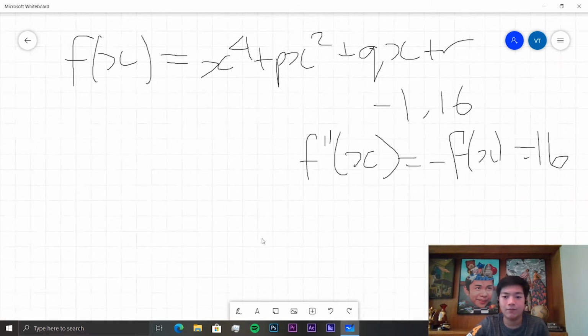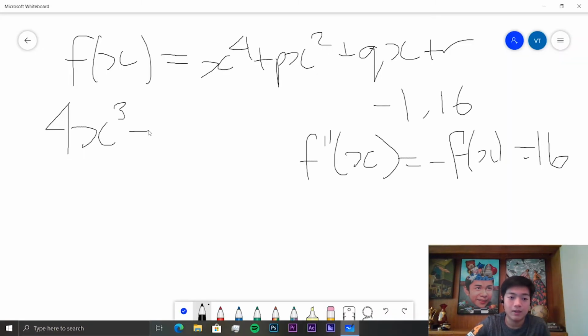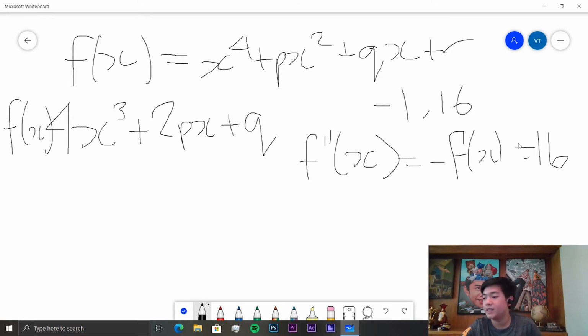And let's get the first derivative of this. That would be equal to 4x cubed plus 2px plus q. This is the first derivative. And so we know that at this point, this is equal to -16.